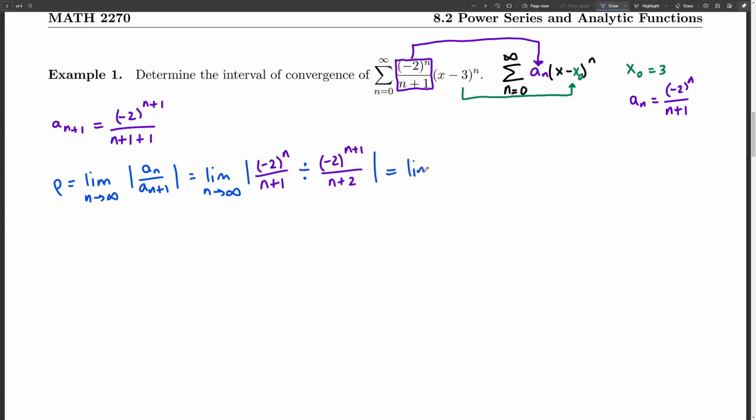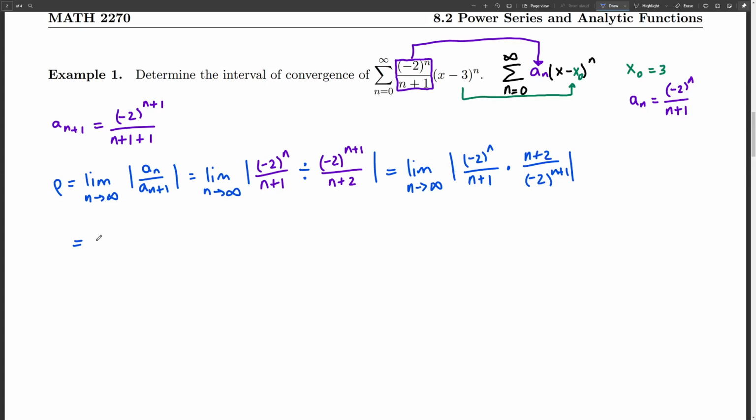So this is the limit as n goes to infinity of -2 to the power n over n plus 1, multiplied by n plus 2 over -2 to the power n plus 1.